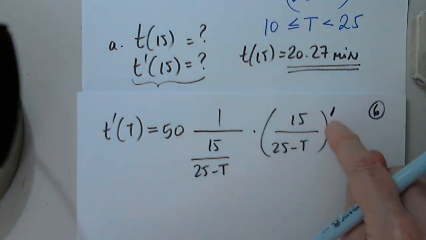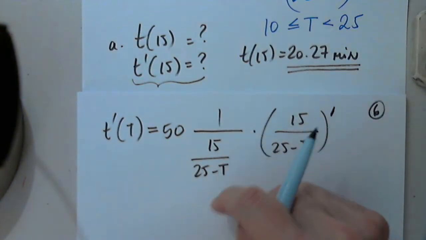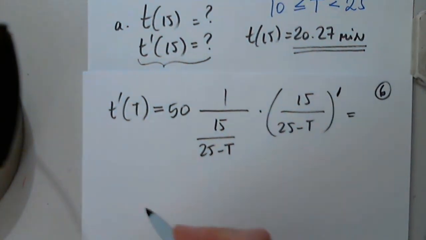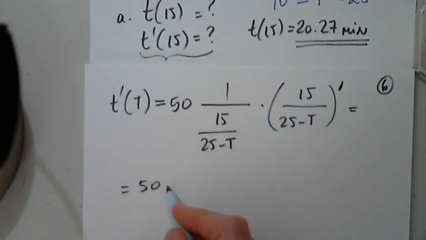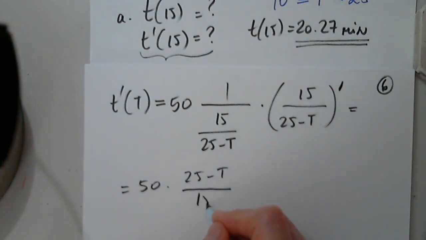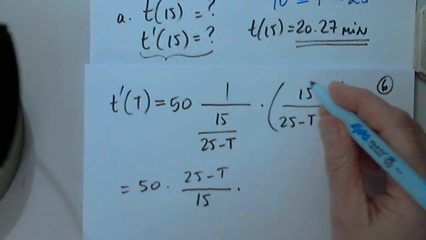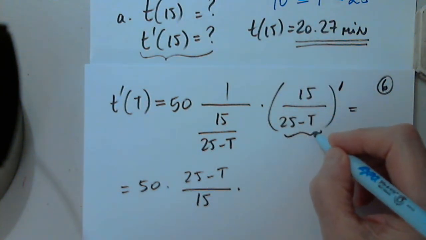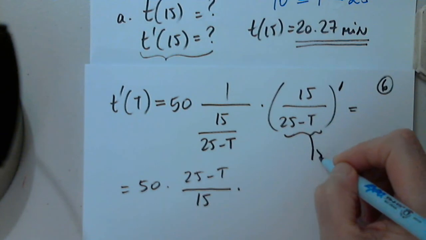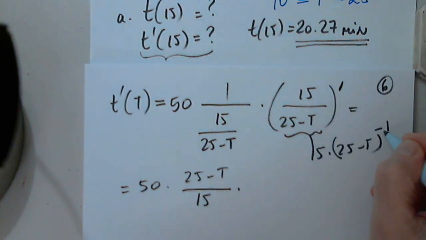Don't forget, we haven't finished. So it's 1 over the function times the function prime. I will flip this. So I have 50 times 25 minus T over 15, and now times. Because the numerator is a constant, I recommend changing the function, this piece in here, as 15 times 25 minus T to negative 1.